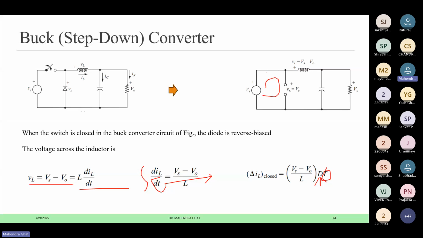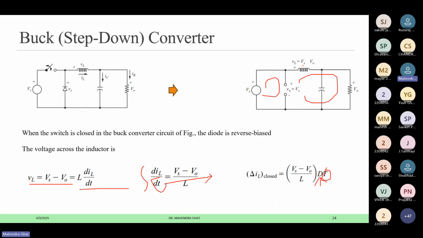So if you see the voltages across the diode and the switch, the maximum voltage getting applied is Vs. Here if you apply KVL, it is nothing but VL minus VO, and VL is nothing but Vs minus VO. Again, if we apply this VO, one will become plus and the other minus, and we will get the Vs only across this.